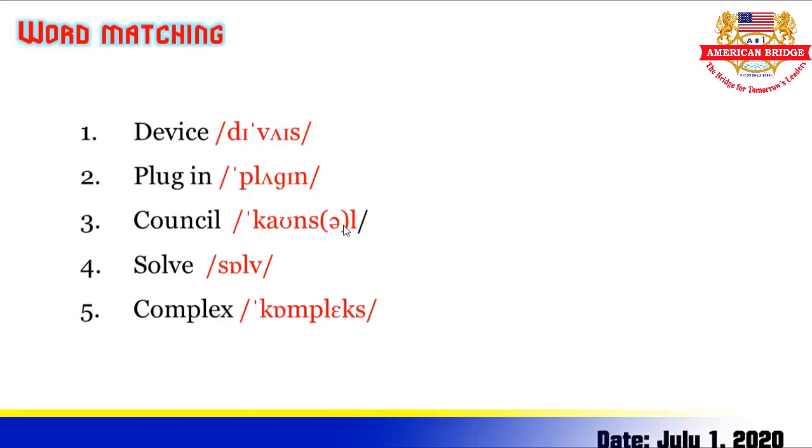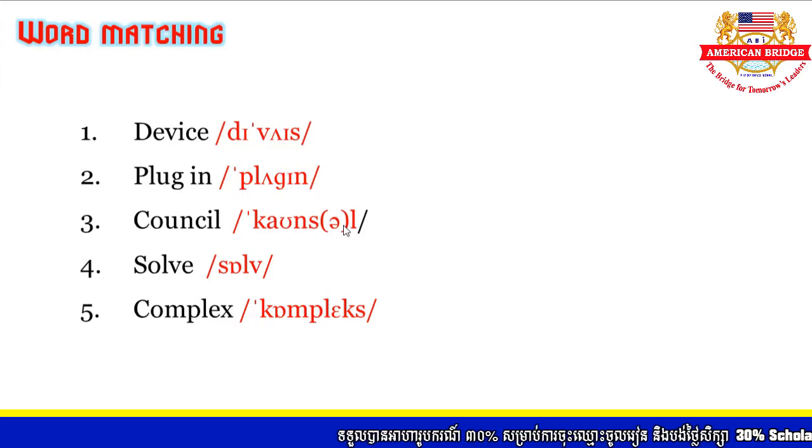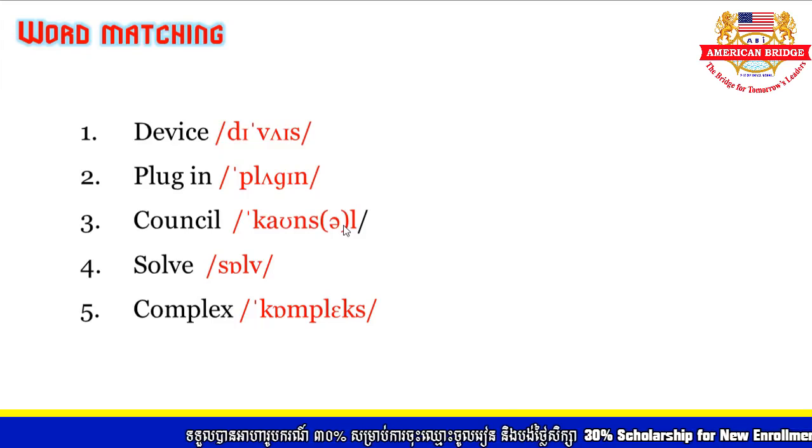It's okay. And if you want to link the syllables, you just say plug-in. What about the word number 3, everyone? The word number 3 is council. Number 4, solve. Number 5, complex.